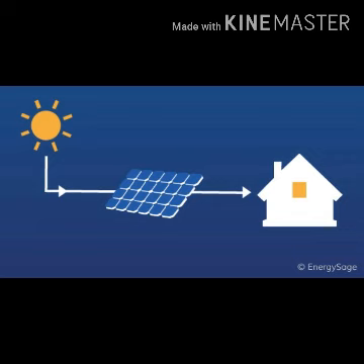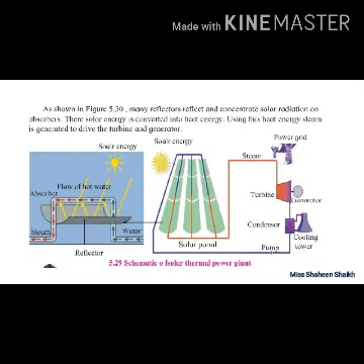This happens in solar photovoltaic cells, which convert solar energy directly into electrical energy. In the second method, the energy in solar radiation is converted into thermal energy first, then a turbine generator system is driven using that thermal energy to generate electricity.